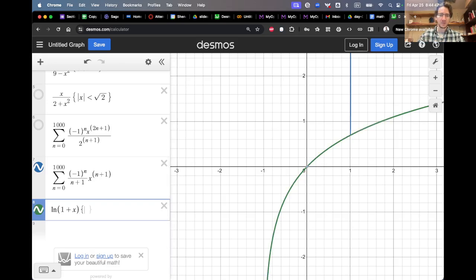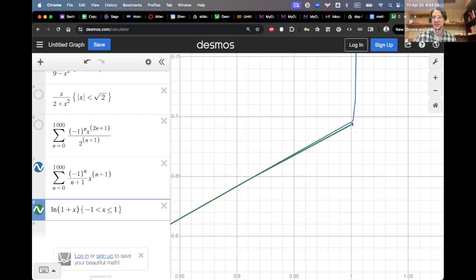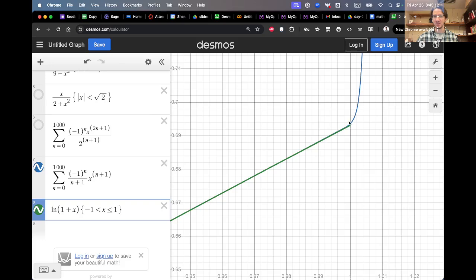There we go for negative 1, strictly less than x, less than or equal to 1. Okay. And there we go. And we can see that the power series, again, I stopped at n equals 1,000. If I could go fully to n equals infinity, then we would see perfect convergence here. But you can see that the power series does seem to be converging at x equals 1.